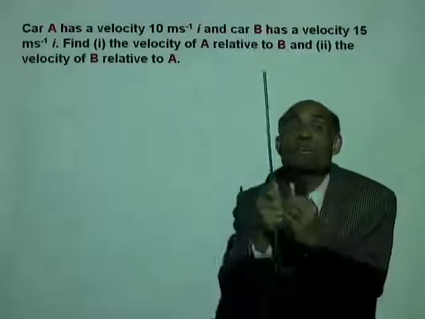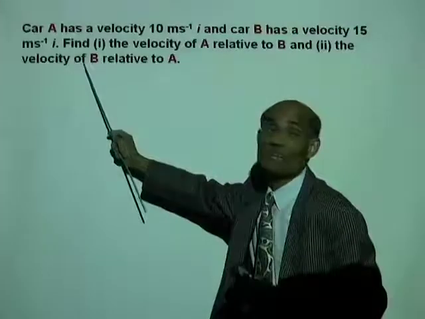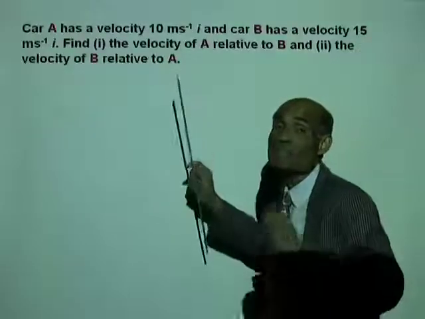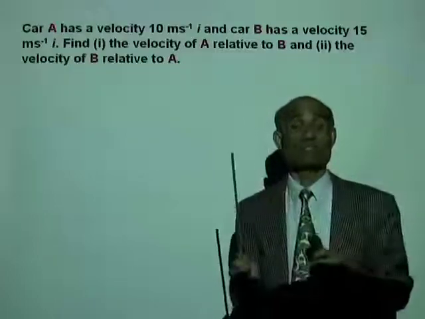You need to bring B to rest. In case 2, the velocity of B relative to A means A is the reference frame. You need to bring A to rest.